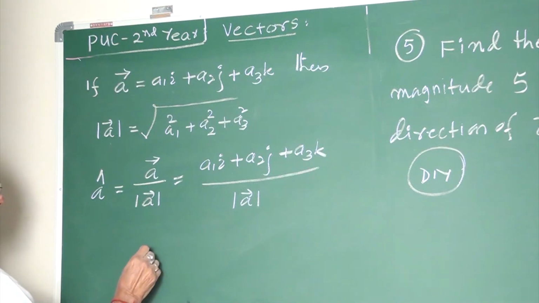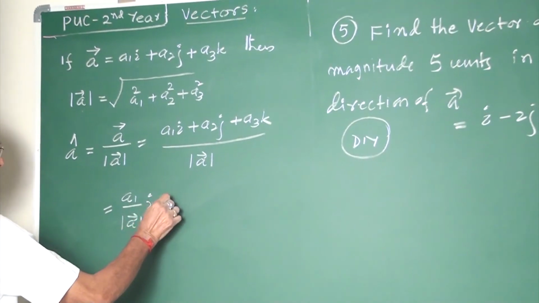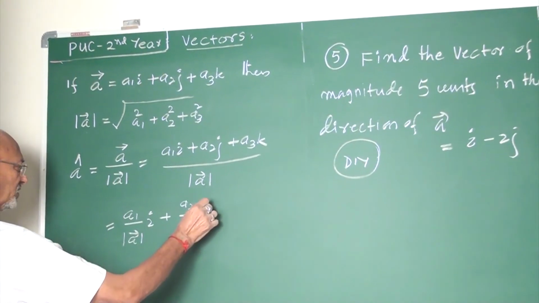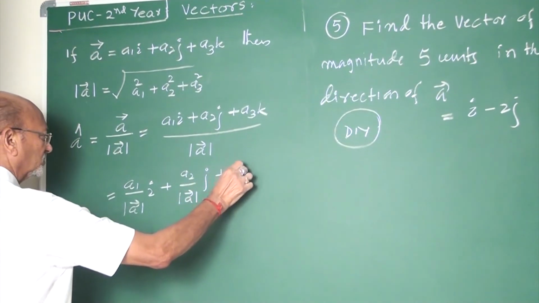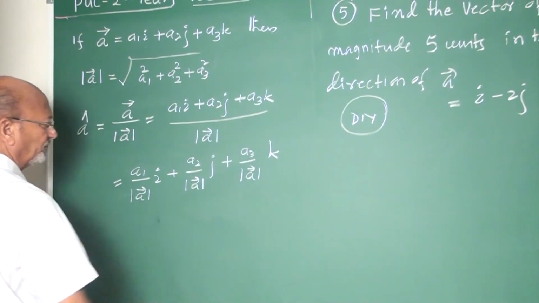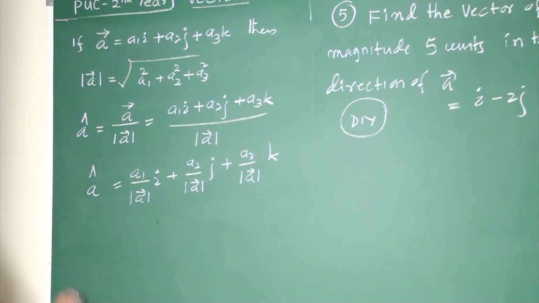Then you write this in the form of components: A1 upon magnitude of A into i plus A2 upon magnitude of A into j plus A3 upon magnitude of A into k. What is this, my friends? Remember, it is A cap.